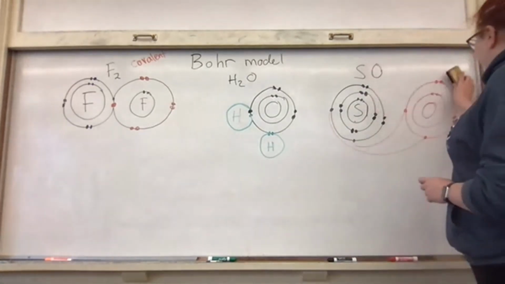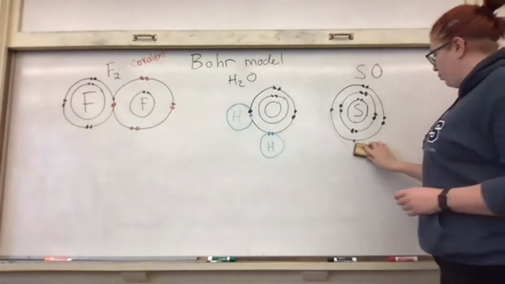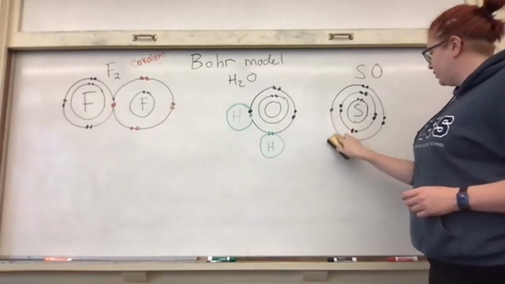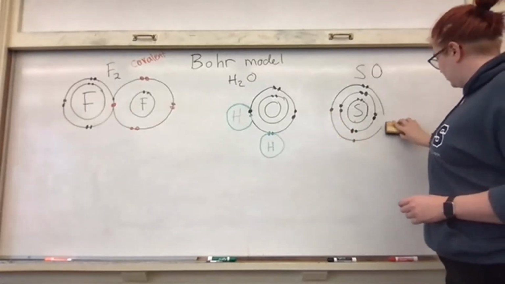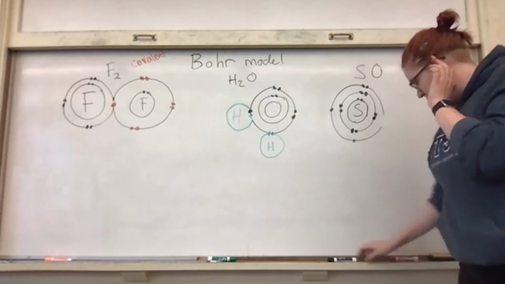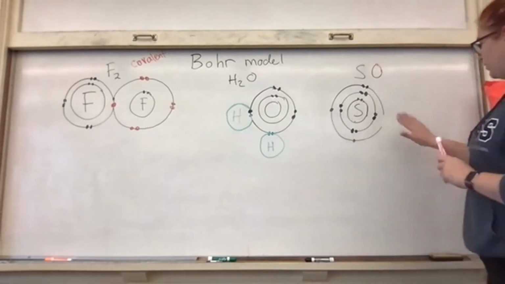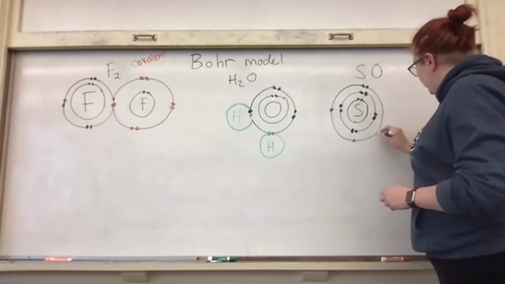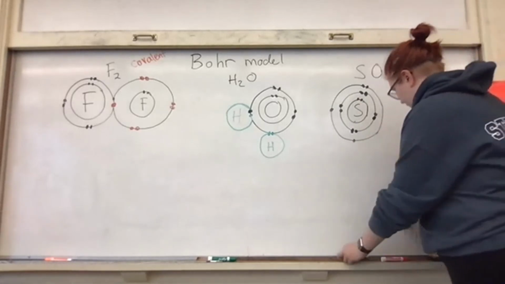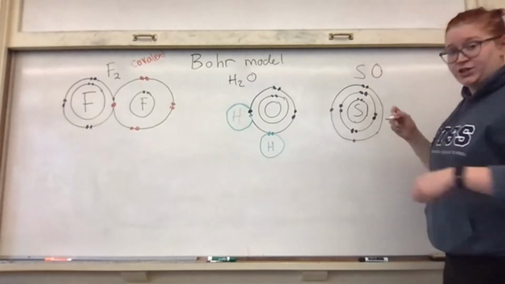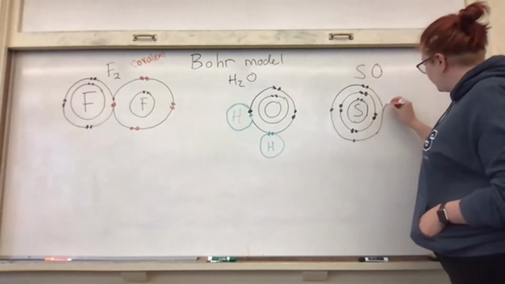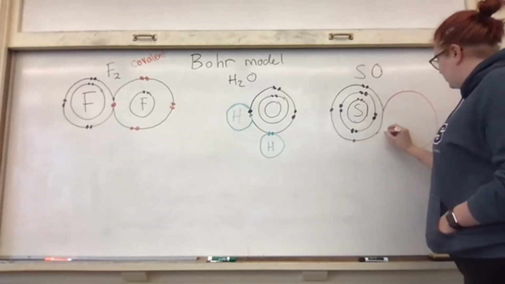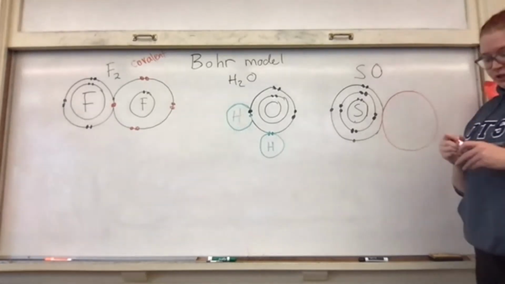So the way you draw this in Bohr, it's a little tricky, but you draw your shells overlapping. So here, shell from sulfur. Here is my shell, the outer shell of oxygen. Okay, see how they're touching?